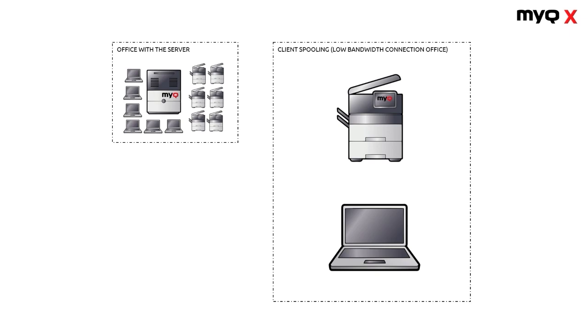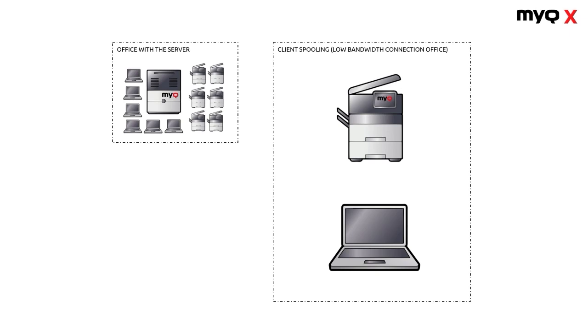You've got a main office, represented by the picture on the left, and there you've got some low bandwidth connection office, a small branch outside town with not the best connection, where they would like to print securely, but as the connection is not that stable and not that fast, it would take ages to send the file to the print server.